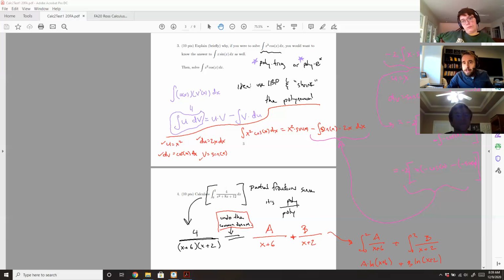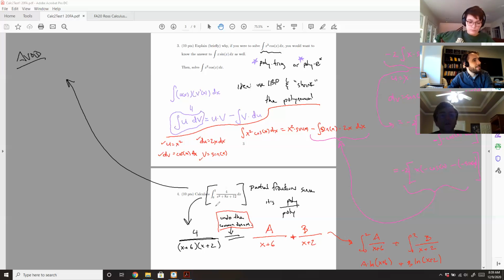I am getting a couple of messages from people who want to see the A and B. I'm happy to do that very quickly. Before I do that, I just want to point out something. A common mistake I see in this kind of problem is trying to use the ln too early, right?